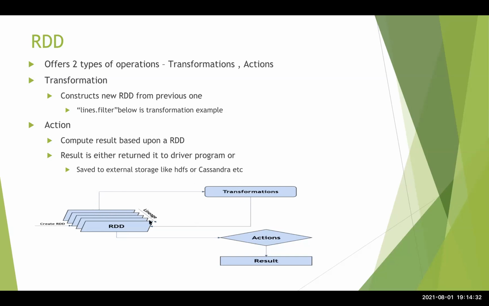You do some transformation, it gives the third RDD, and so on. So every transformation creates a new RDD. And at the end, you have some action. The action could be that you are saving the RDD into some file or storage, or you are collecting the result of the RDD as a list, and that result gets returned to the driver. Either of these things are actions, and we'll see some examples of actions later also.